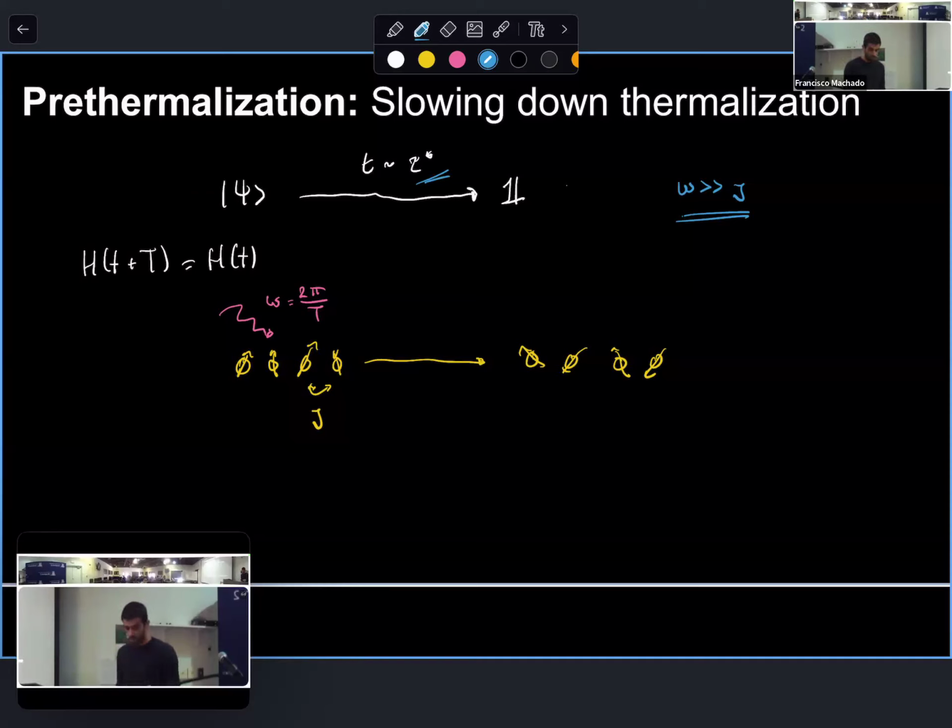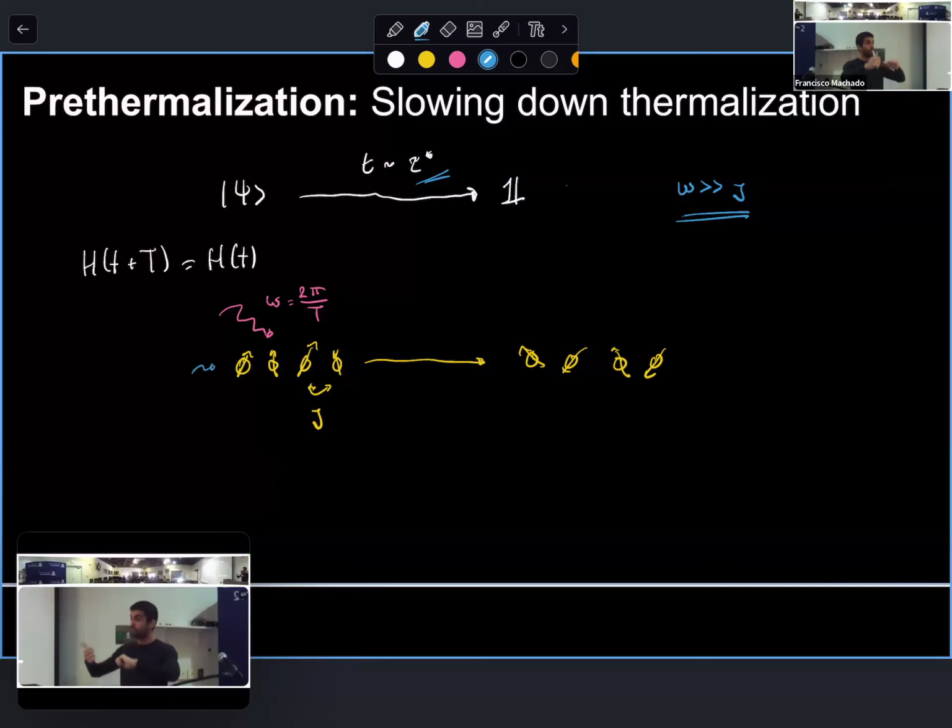If you have a very large energy scale on which you're trying to drive the system, and the system is trying to absorb a quantum of energy from the drive, it has to undergo a lot of local rearrangements. If I'm trying to absorb omega, I need to do, for example, 3 spin flips so that the energy change of the interactions between the spins is able to accommodate that additional h bar omega.